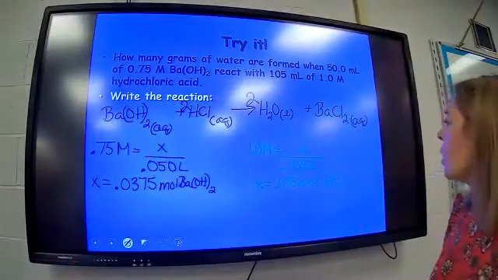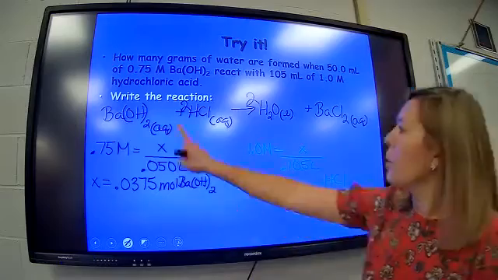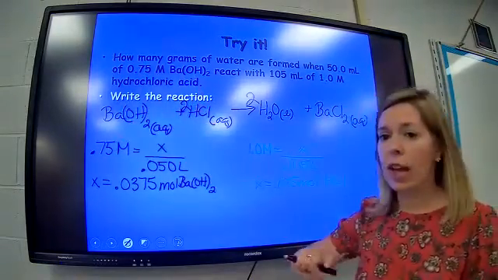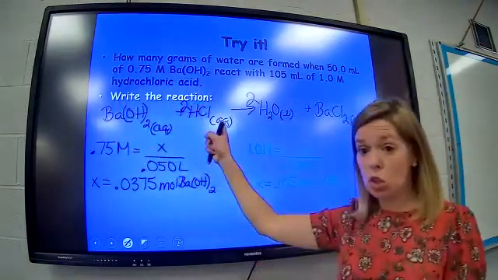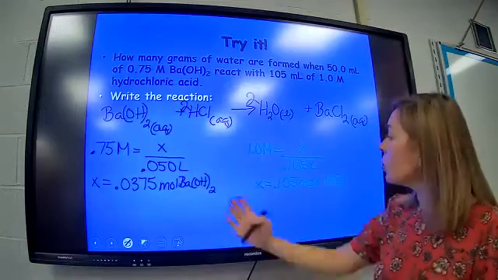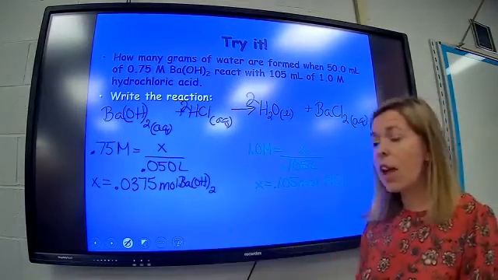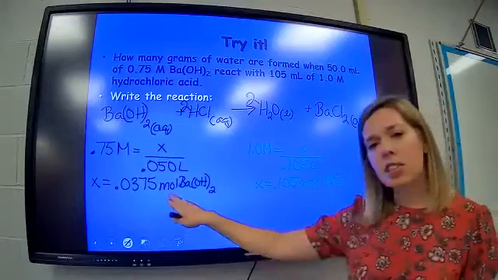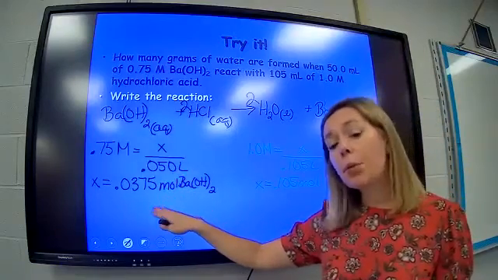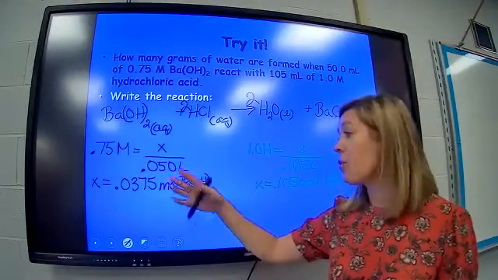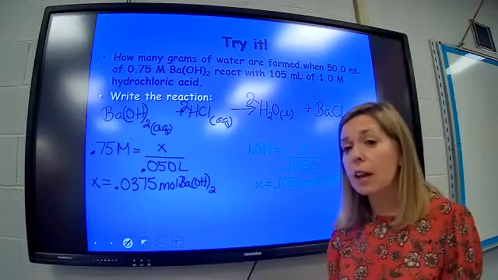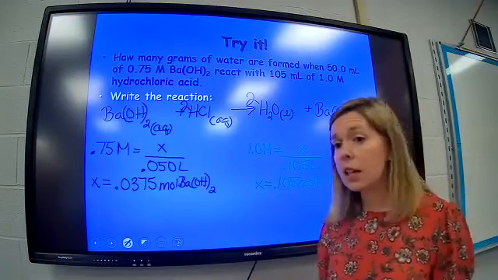All right, so barium hydroxide to hydrochloric acid are in a 1-to-2 ratio. So looking at these two amounts, I start to think that my limiting reactant is probably barium hydroxide because I have way less barium hydroxide, but I need to take a second to think about it.